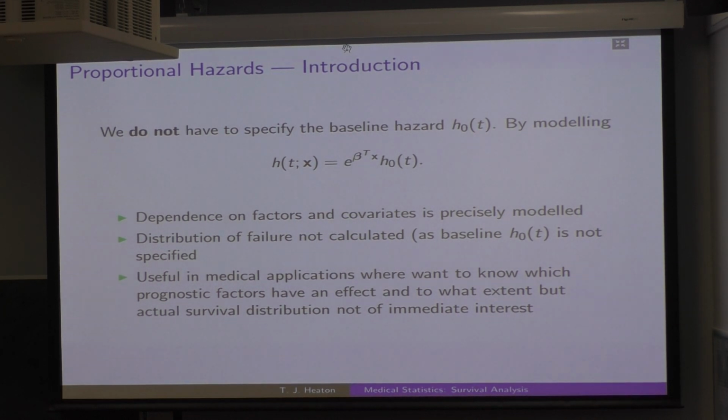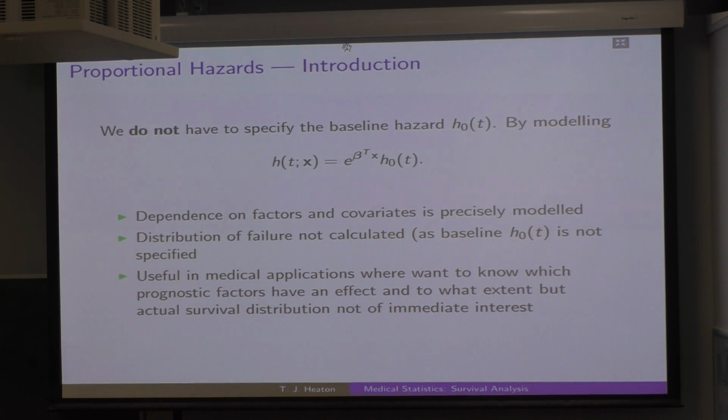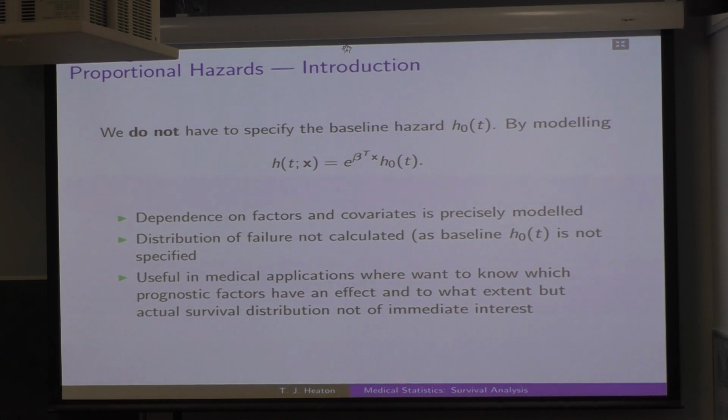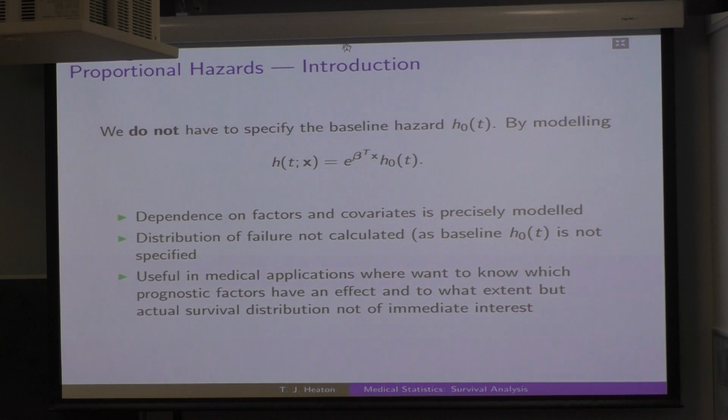So it's particularly useful where you want to know which variables make a difference and exactly to what extent, but you're not actually interested in modelling the survival time directly itself. And that's actually quite a common situation.